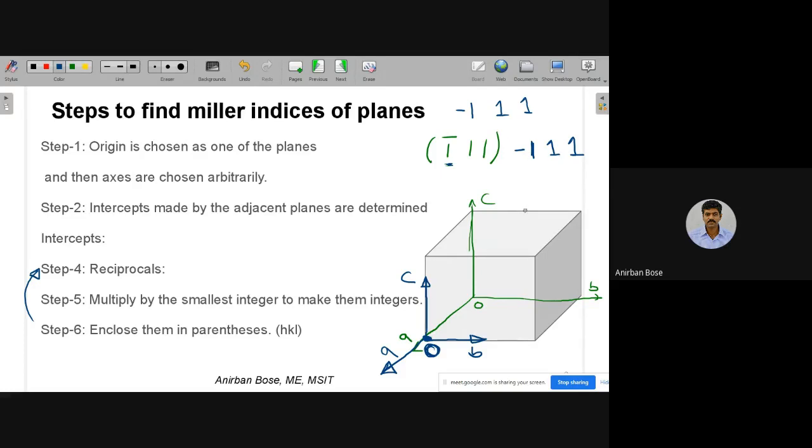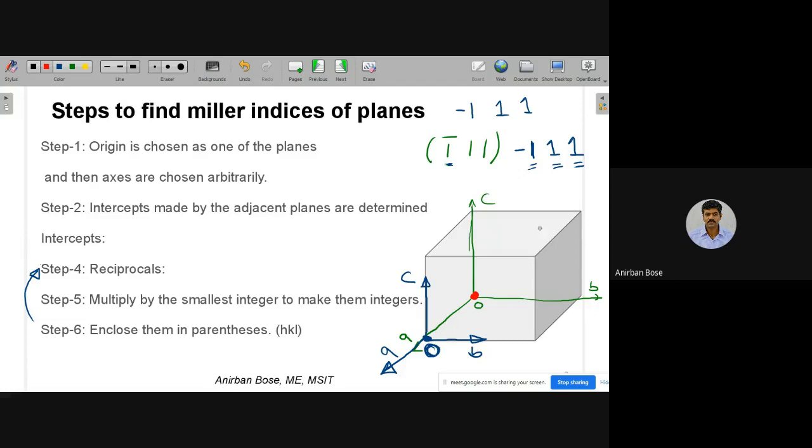After taking reciprocals, you will get these values, which are nothing but the intercepts with the different axes. So you just plot the intercepts with the axes. Here you can see the A, B, C axes. What are the intercepts? -1, so identify it with the red. With the A axis, the intercept -1 is this point.